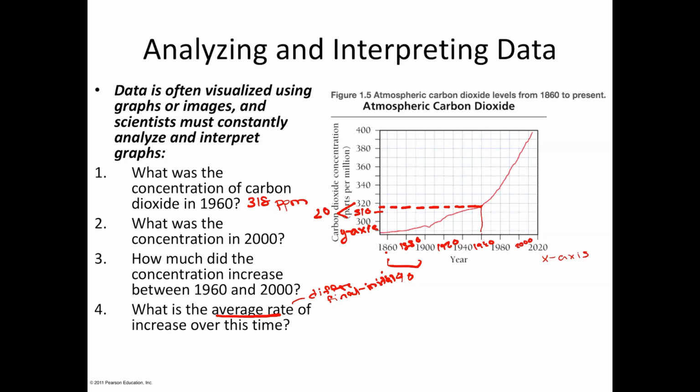So basically, what is the difference from your concentrations, parts per million, at 2020 minus the parts per million at 1860, over the difference in the years, 2020 minus 1860. That's how you're looking at a rate, the amount of concentration change per time. So you're looking at the difference of the concentration of 2020 to 1860, and then you'll answer that.